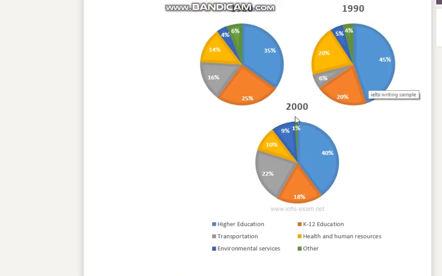First of all, we should look at the charts to see trends. So as we see, that blue color has the most part. Okay, it is higher education, and it is a trend, and we can mention it.